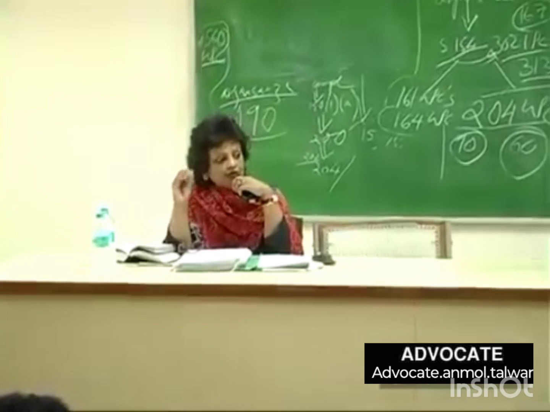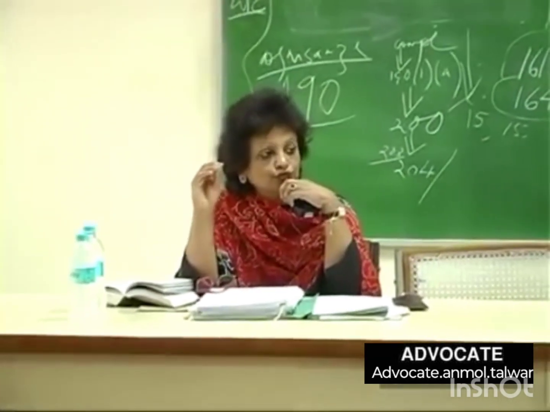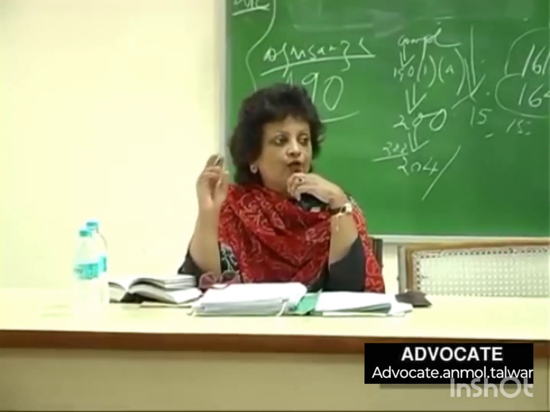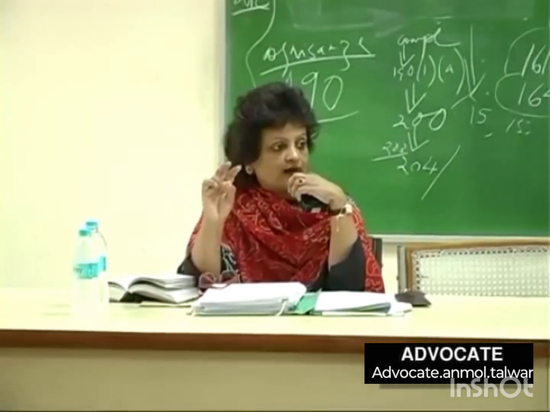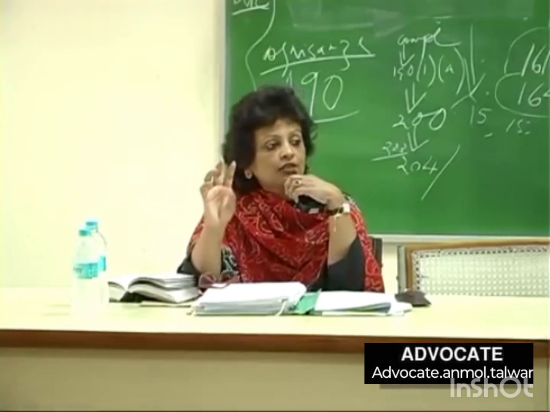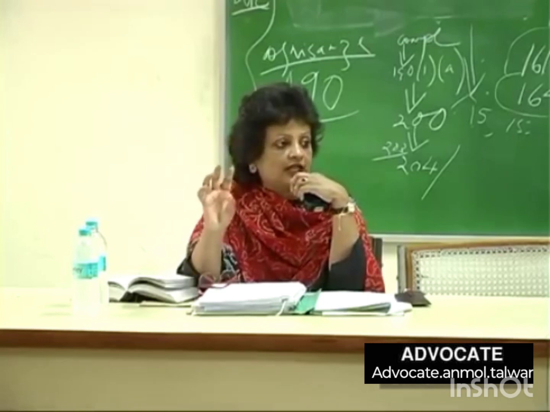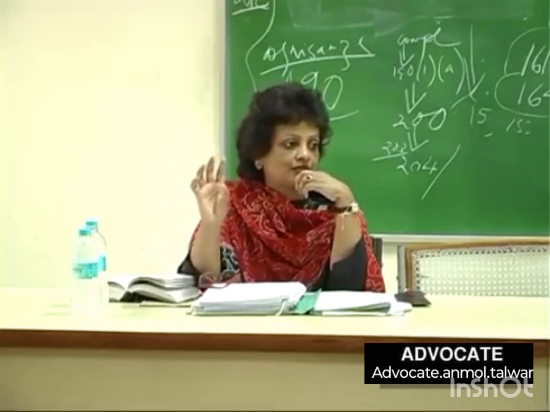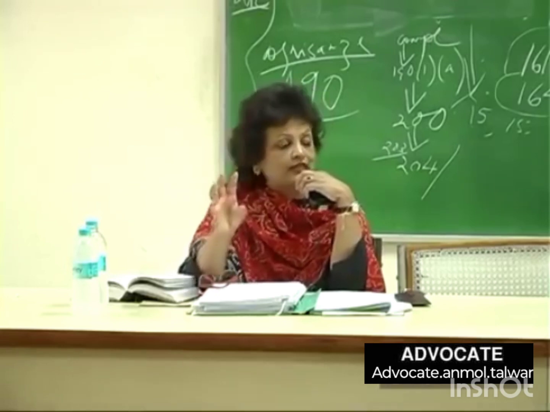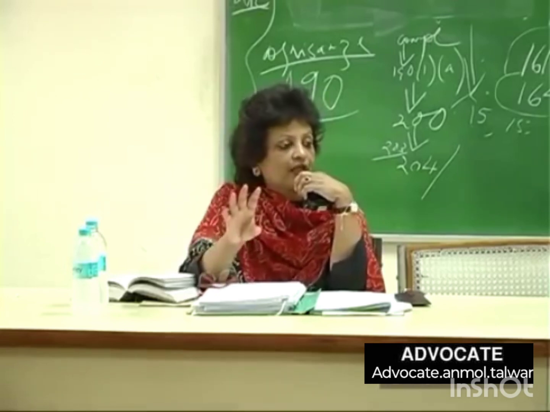What I read out was section 155(2) and section 156(3). Section 155(2) says that a non-cognizable offence cannot be investigated without the permission of the magistrate. So magisterial consent is absolutely necessary, which is what the magistrate will give.